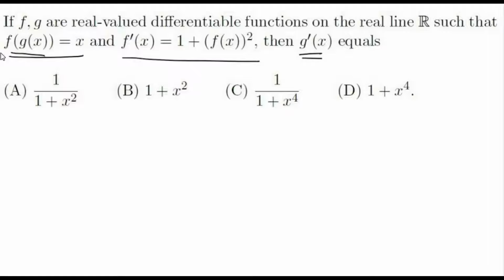In this case, we need to find g prime of x, which means that we need to differentiate this function. That is the only way of getting g prime x. And while differentiating, we will use the chain rule.